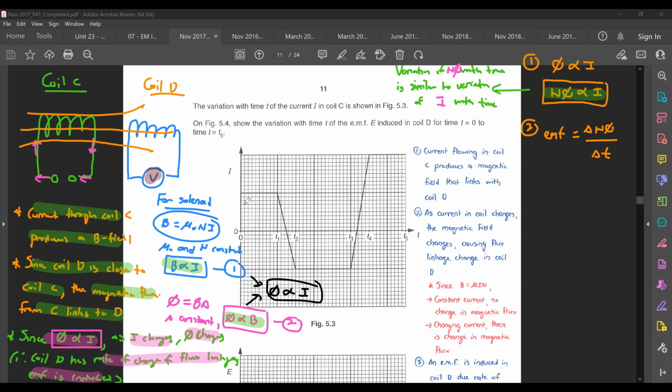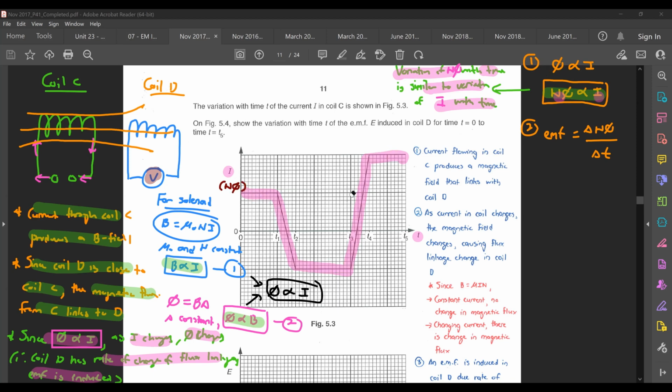So what I mean by that is something like this. If you look at this current versus time graph, the variation of current with time looks like this right now, right? Because flux linkage is proportional to current, the variation of flux linkage with time will follow the variation of current with time. So if I were to plot a graph of flux linkage versus time, it will follow the exact same variation as current here.